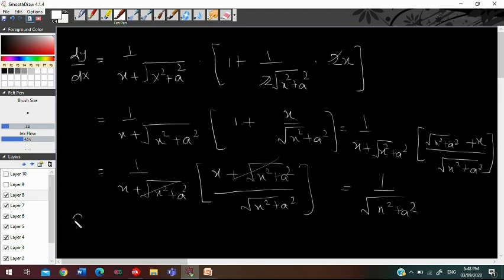So the first derivative dy by dx is equal to 1 by under root x square plus a square. So this is the first derivative.